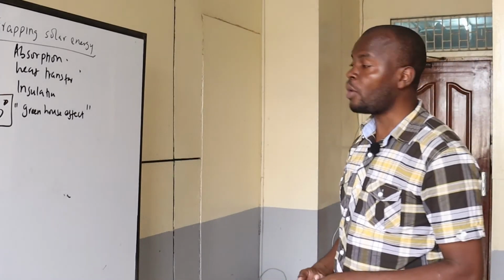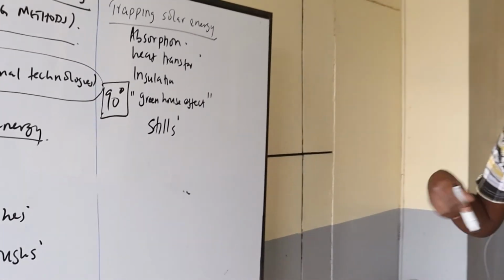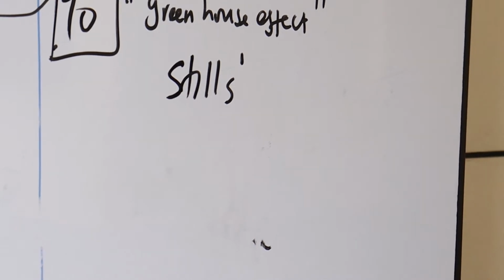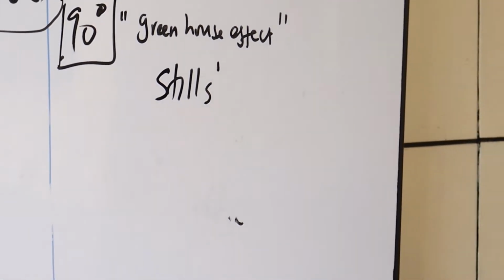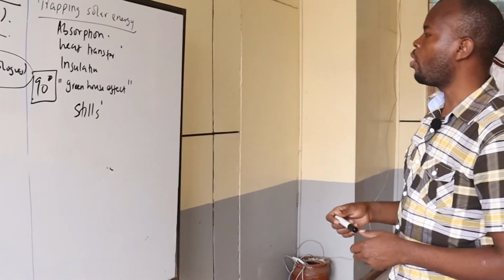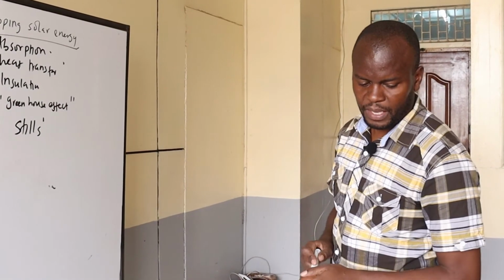We can also talk about stills, dryers, and cookers. All of these make use of black painted absorber surfaces in order to capture heat. So that is how the trapping takes place.